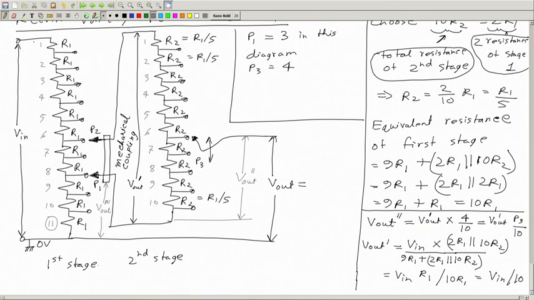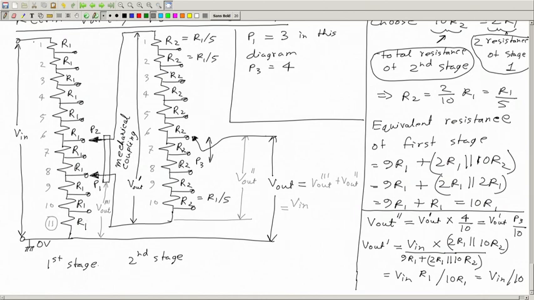Let's start from here, 0 to this point, V out triple prime, and this point is the same as this point, and from here we have another voltage V out double prime.